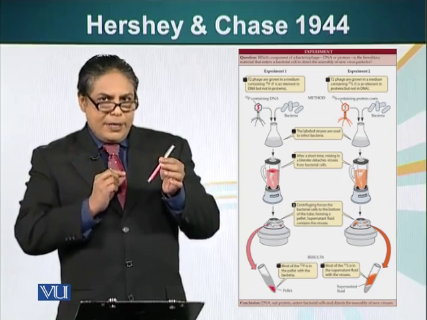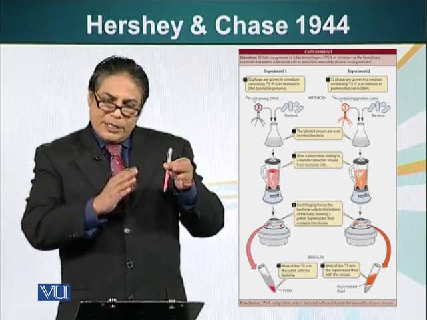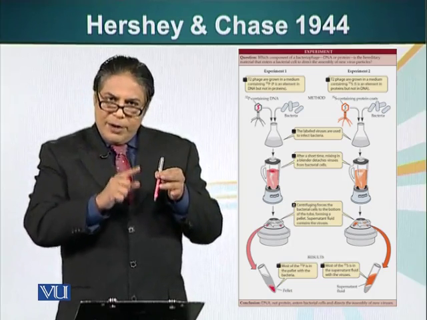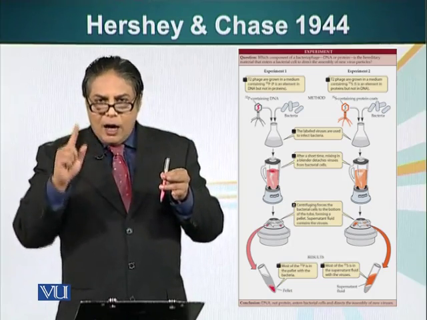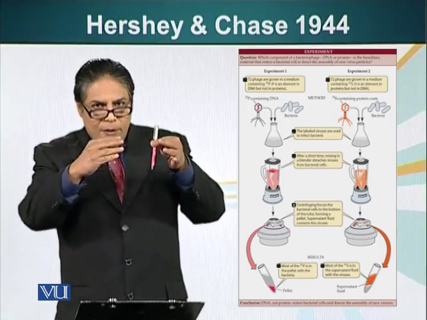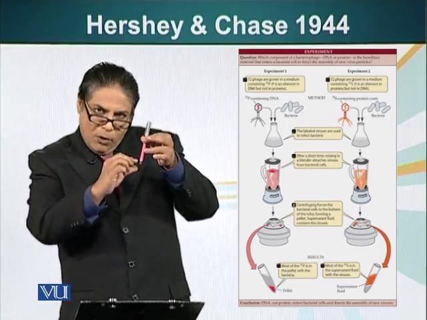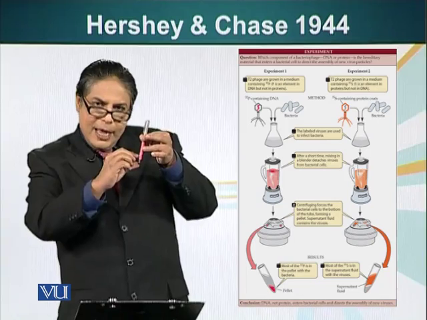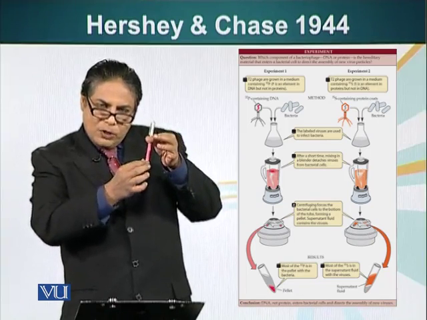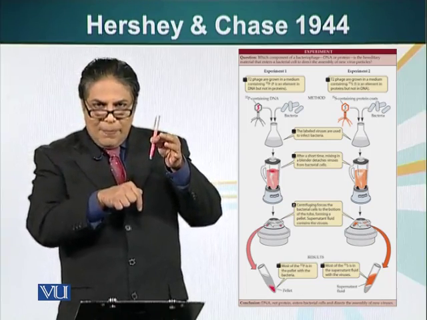Where is the radioactivity? We have two samples. One sample had viruses which had radioactive sulfur. The other sample had radioactive phosphorus. The bottom part, which we call the pellet, if the pellet of sulfur was radioactive, it would imply the sulfur went inside the bacteria.